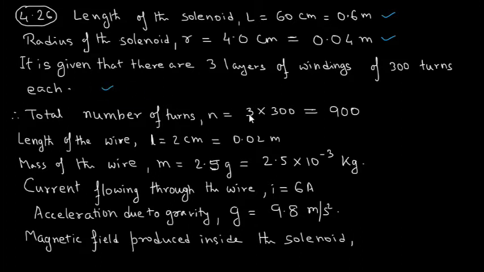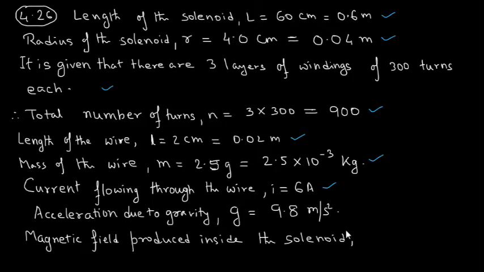Length of the wire l is equal to 2 centimeter, which is equal to 0.02 meter. Mass of the wire m is equal to 2.5 gram, which is equal to 2.5 multiplied by 10 to the power minus 3 kg. Current flowing through the wire is I is equal to 6 ampere. Acceleration due to gravity g is equal to 9.8 meter per second square.